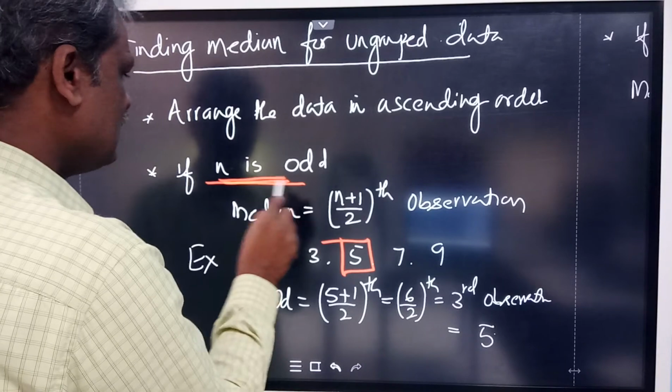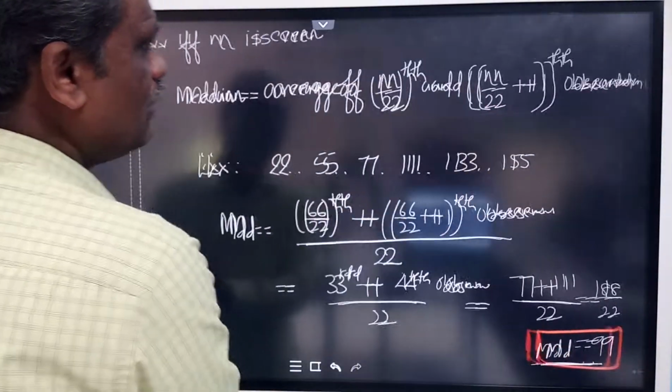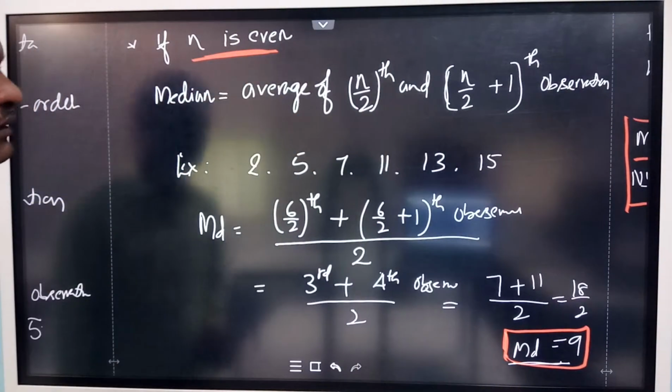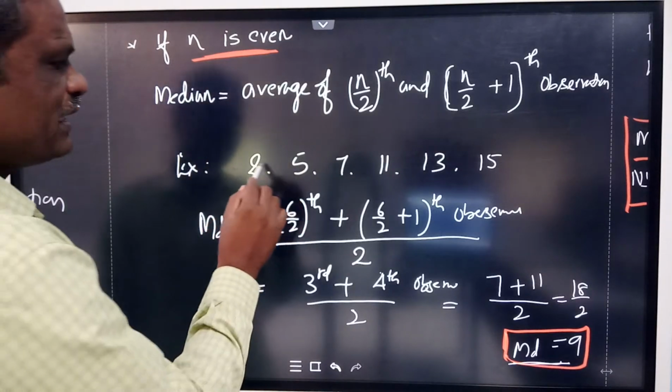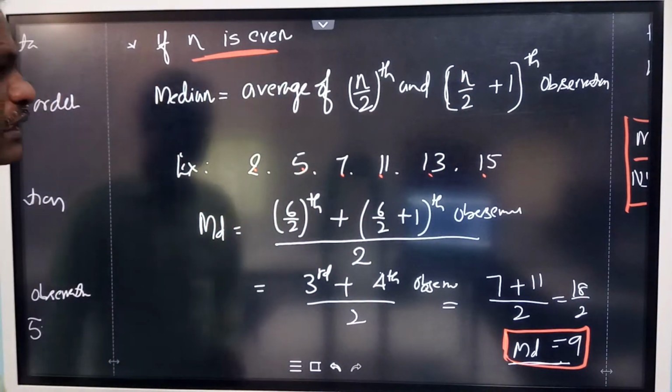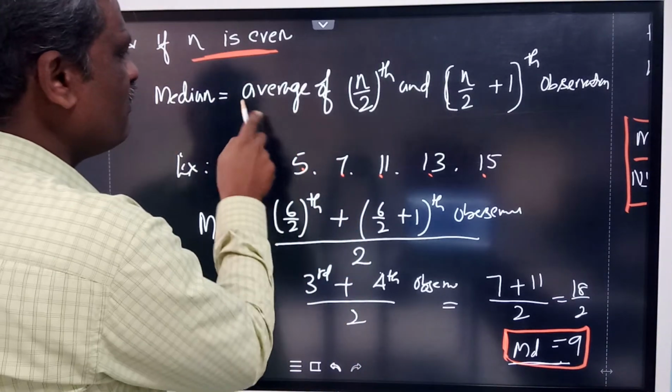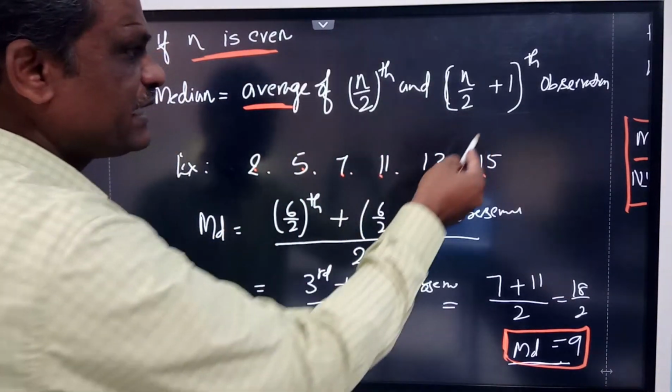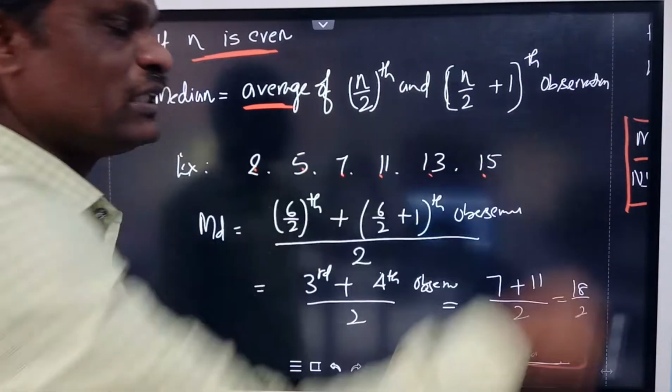Suppose n is even, how do we do this? If there are an even number of data, 1, 2, 3, 4, 5, 6, it is even. In such cases, you have to find the average of the (n by 2)th and the (n by 2 plus 1)th observation.